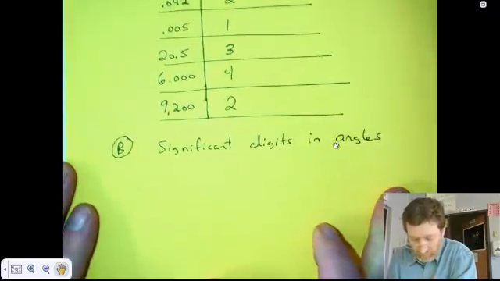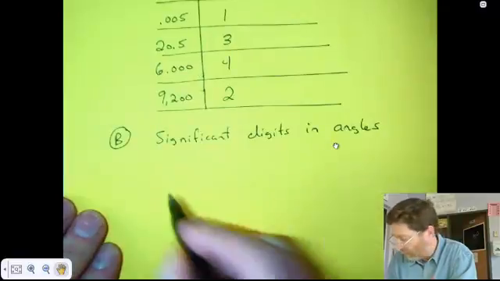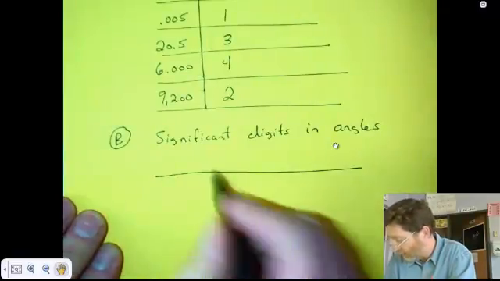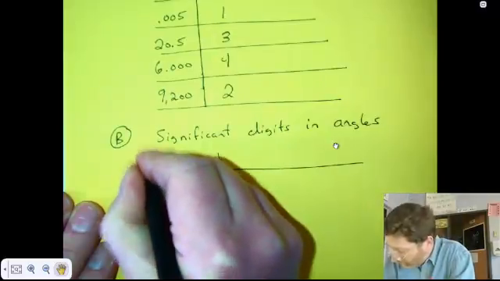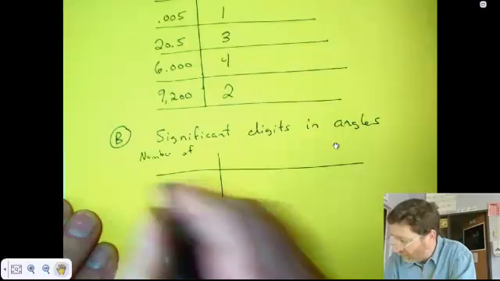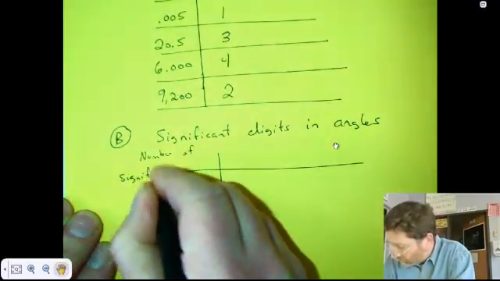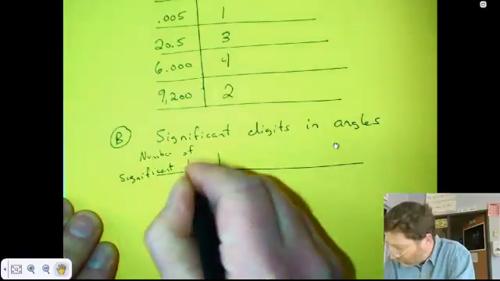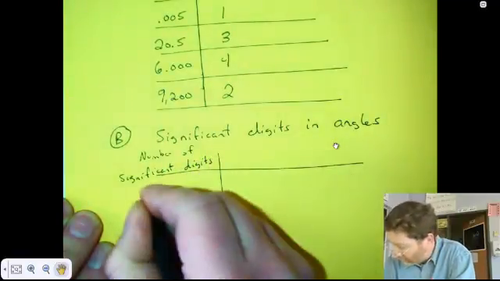Okay, so as rules of thumb, I want you to follow this little table here. This first column will be the number of significant digits in the sides.